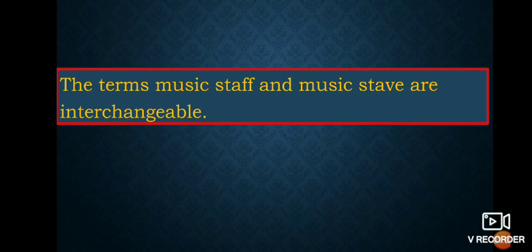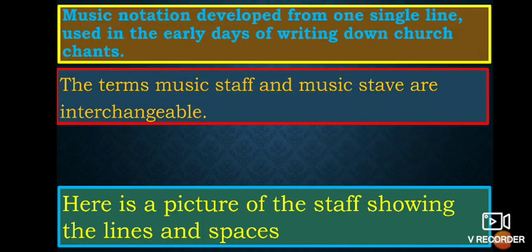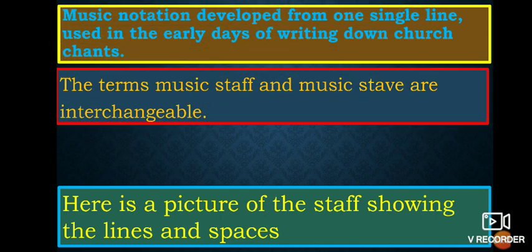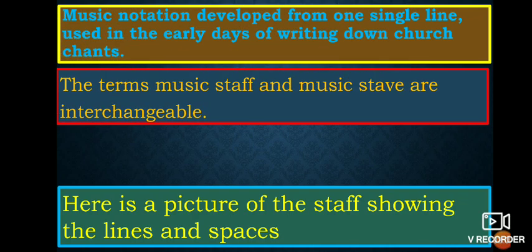As I told you, our topic today is musical notation. Musical notation developed from one single line used in the early days of writing down church chants. Everything pertaining to music, to score music, to read music, we call musical notation.